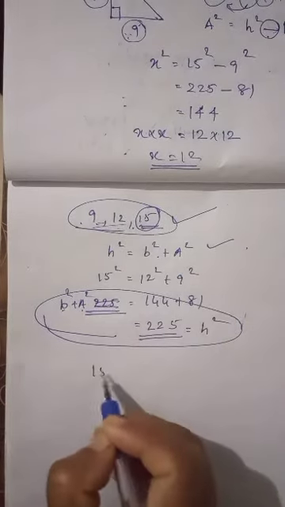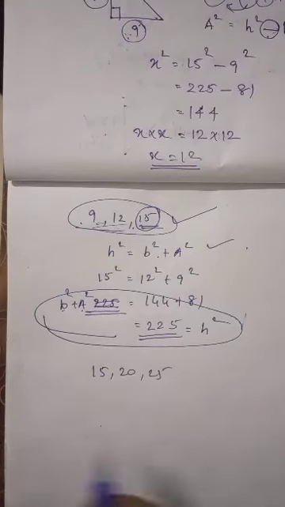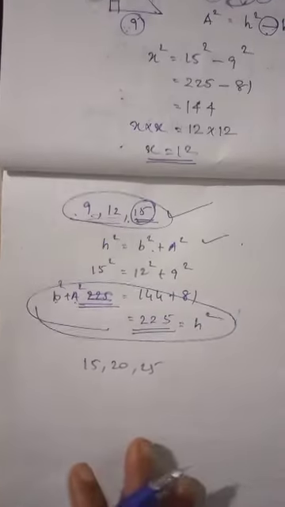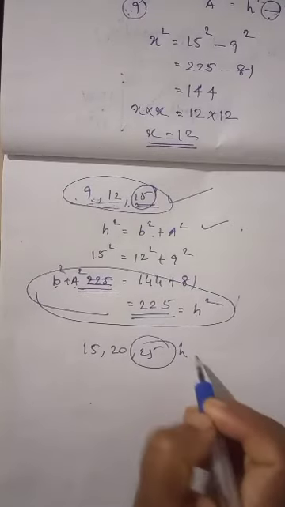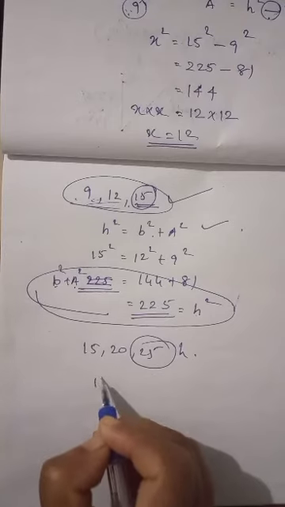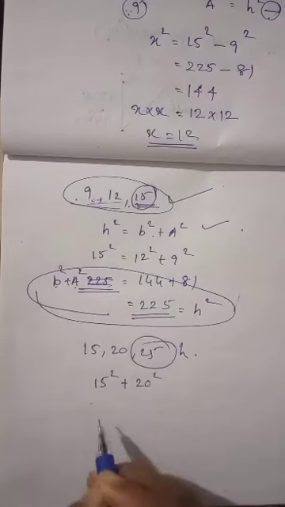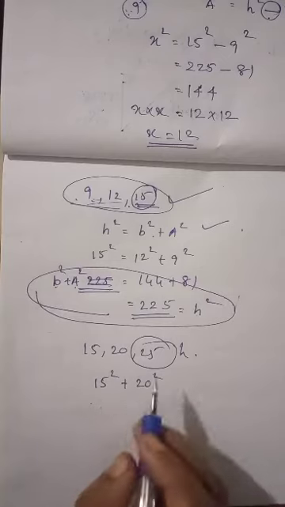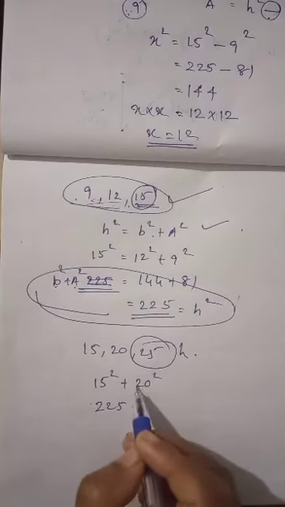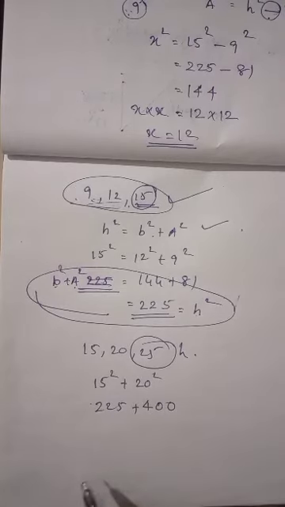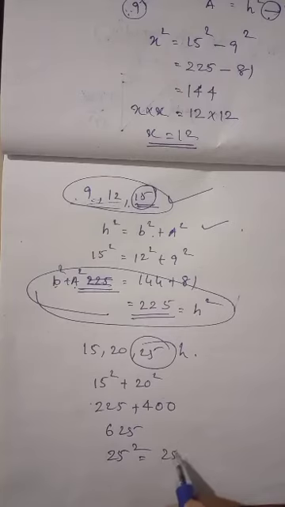And the other question, 15, 20, 25 also given. Main thing is to identify which is the hypotenuse. Longest side is hypotenuse. This is hypotenuse. So the other two sides, squaring and adding. 15 square is 225, plus 20 square, 2 into 2 is 4, 2 zeros, that is 625. 625 is 25 square. 25 square is 25 into 25.